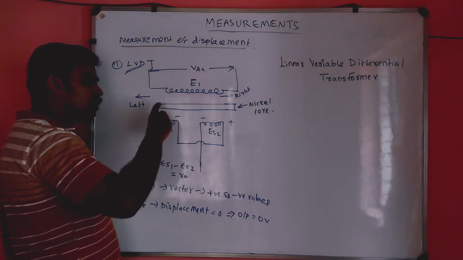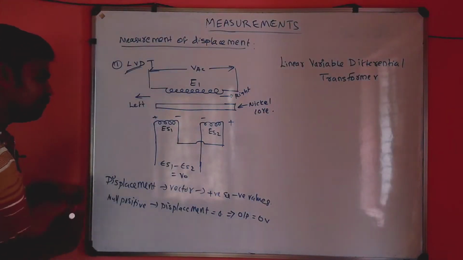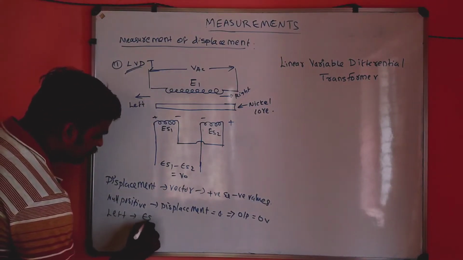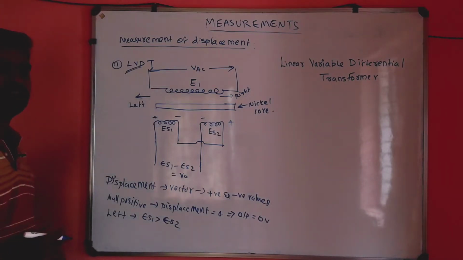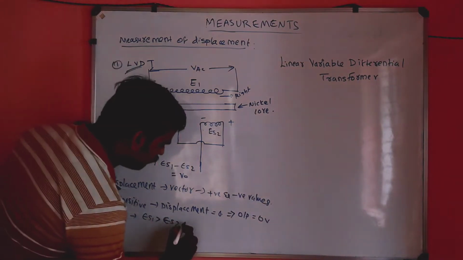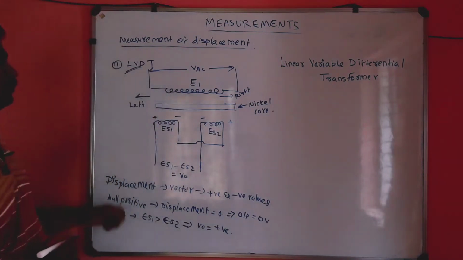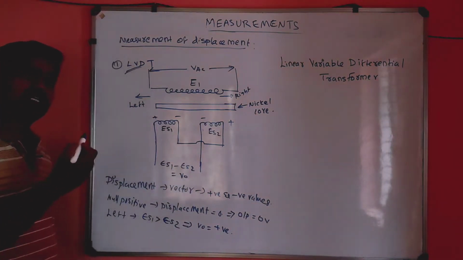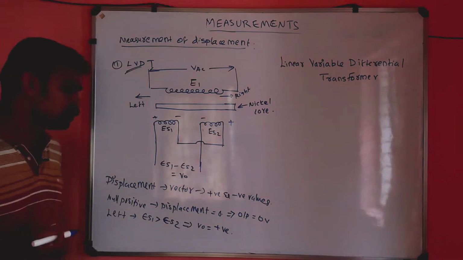So towards the left, ES1 is greater than ES2, correct? So V0 will be a positive quantity, ES1 minus ES2. So ES1 greater than ES2 means E0, the output voltage, will be positive.